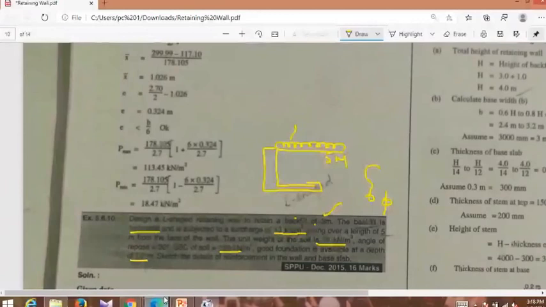There is a load over a length of 5 meter. The angle of repose, phi, is 30 degree. SBC he has given is 180. Good foundation is available at a depth of 1 meter. Sketch the details of reinforcement in the wall and base. Now we will go one by one.